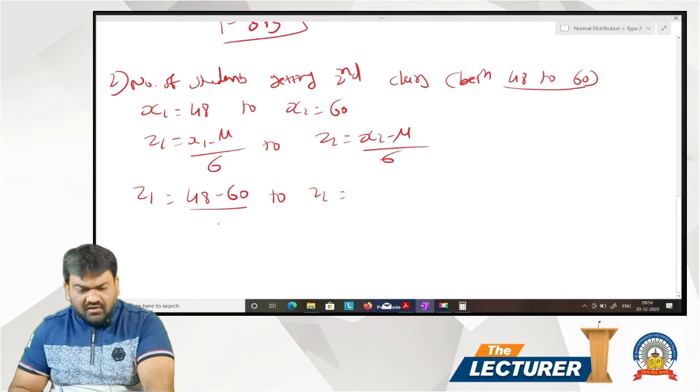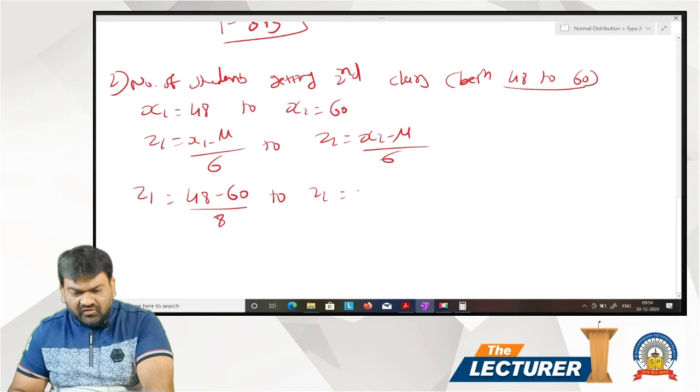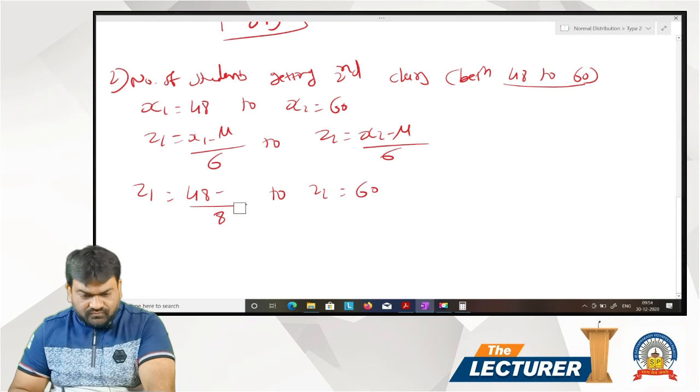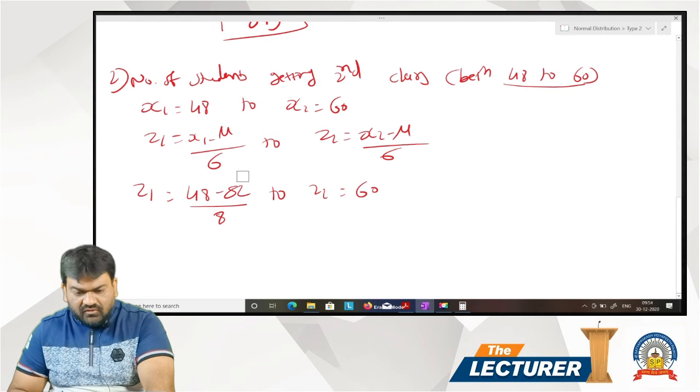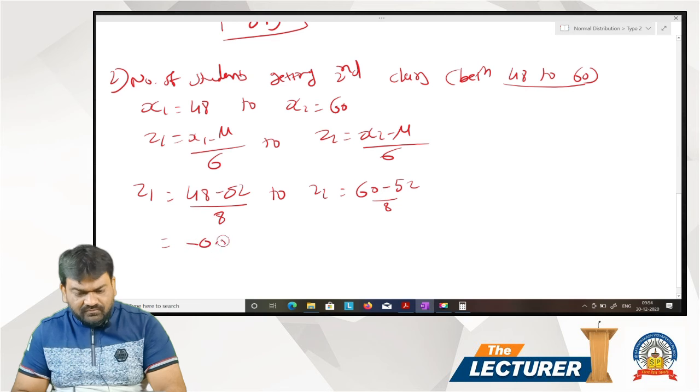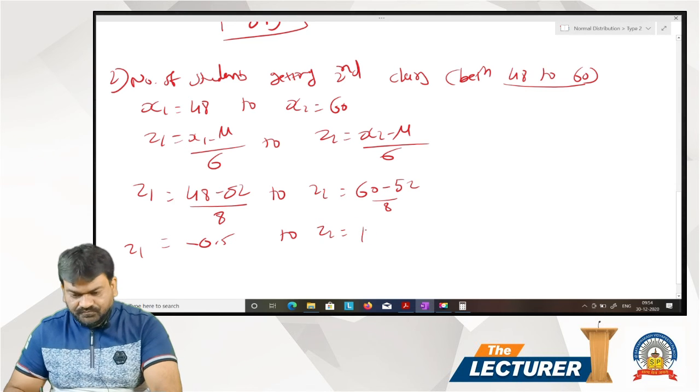Here the mean marks is 52. So z1 is 48 minus 52, that is -4 by 8, -0.5, to z2 is equal to 60 minus 52, that is 8 by 8, 1.